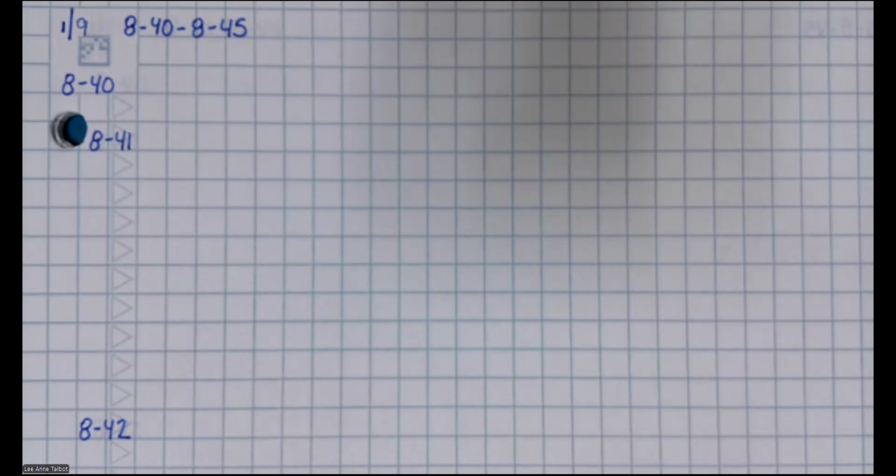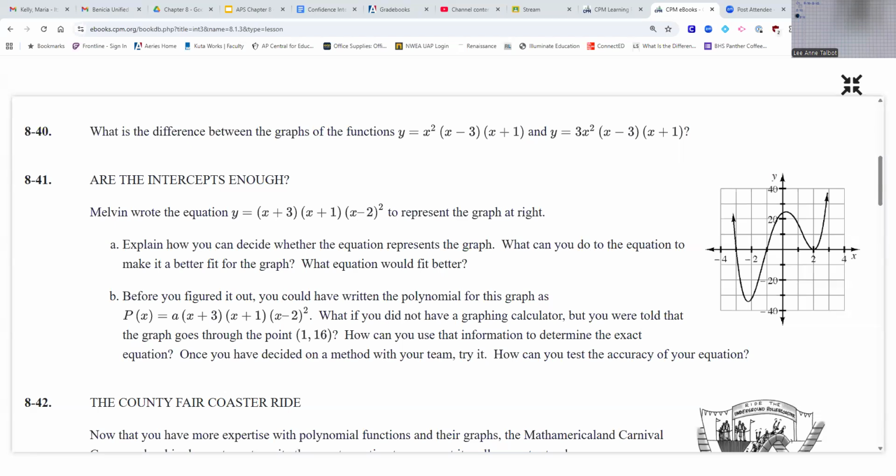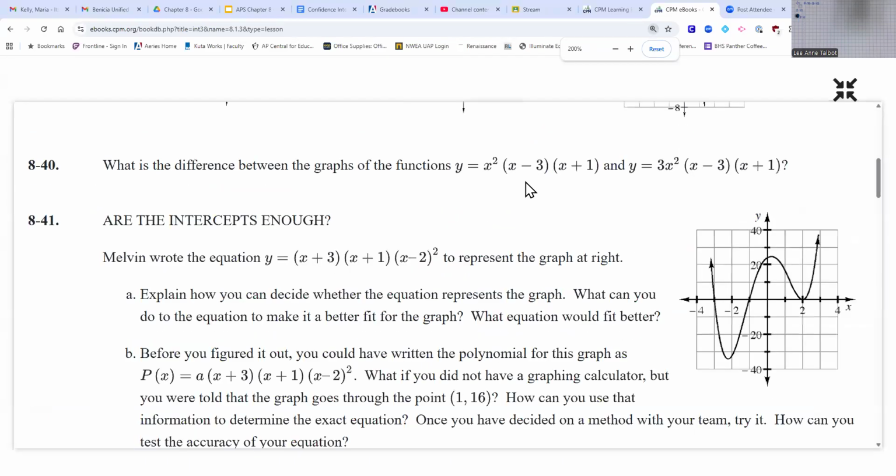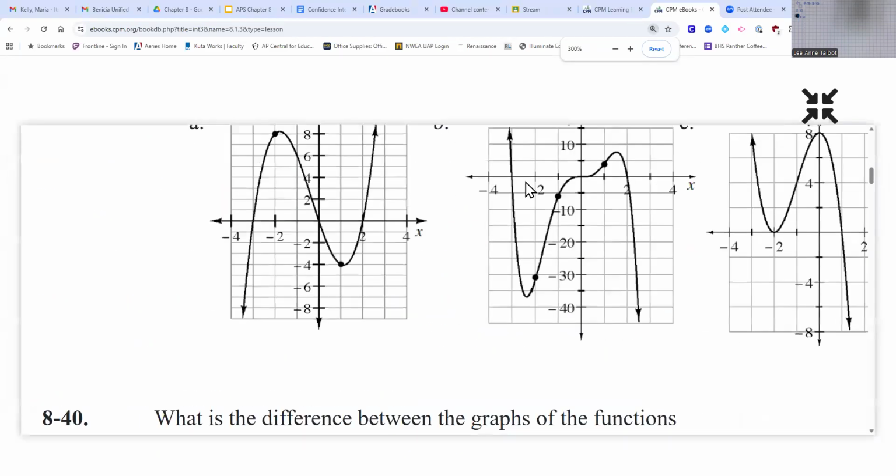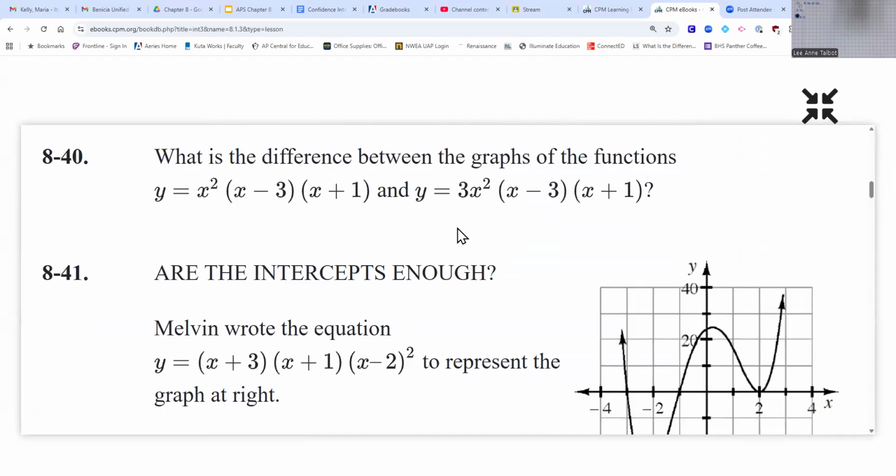Okay, number 40. This is, by the way, a really dumb question, but I'm hoping that it will kind of set your mind as to what we're going to do today.